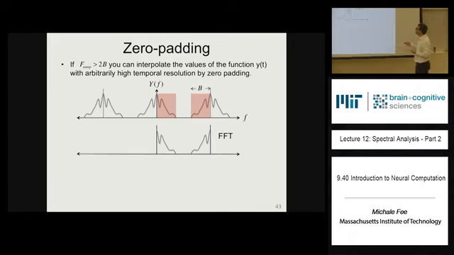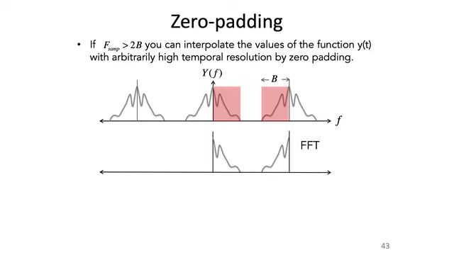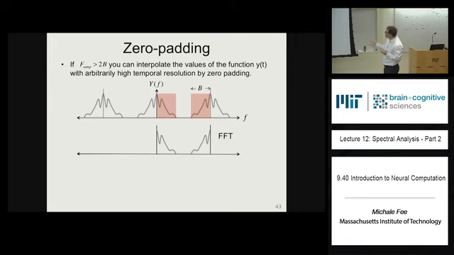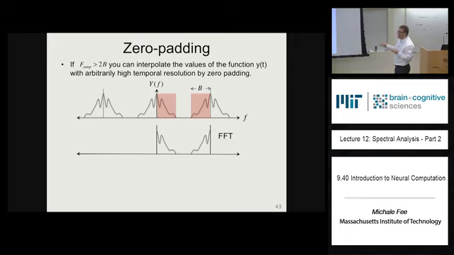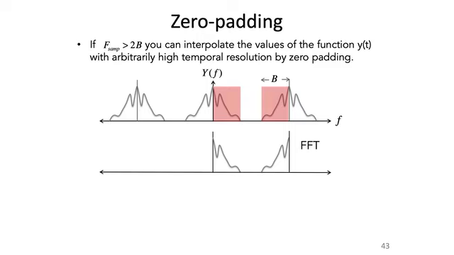Basically the trick is as follows. We take our sampled signal, we Fourier transform it, and what we do is we just add zeros. We pad the Fourier transform with zeros, okay? So we just take positive frequencies and the negative frequencies, and we just stick a bunch of zeros between and make a longer vector.